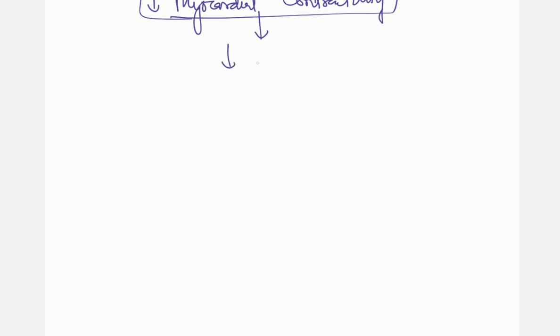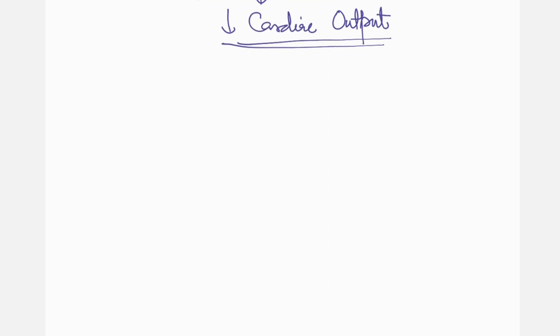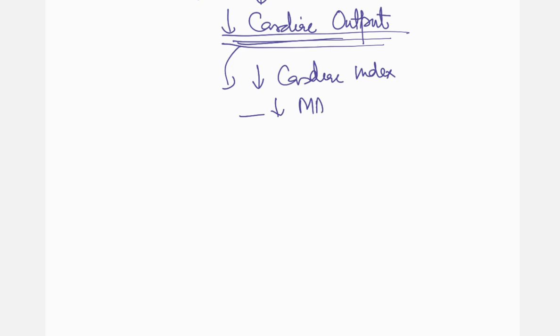It definitely decreases our cardiac output because it is not pumping enough to maintain the cardiac output. Again, when there is a decrease in the cardiac output, what happens? There is a decrease in the cardiac index, a decrease in the mean arterial pressure, a decrease in the systolic blood pressure, etc.